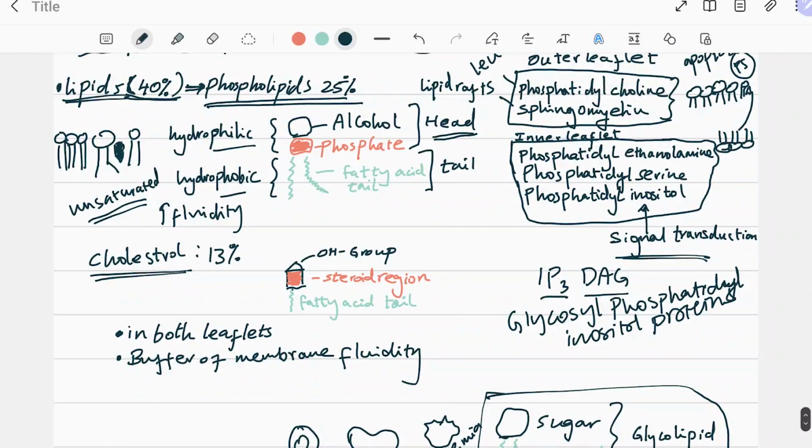Then after that you have your phosphatidylglycerol also. This is another phospholipid. Phosphatidylglycerol, also known as cardiolipin, is a very important phospholipid, mostly in your mitochondria.